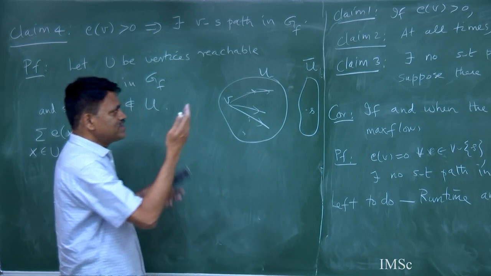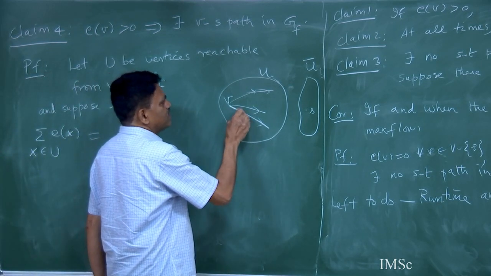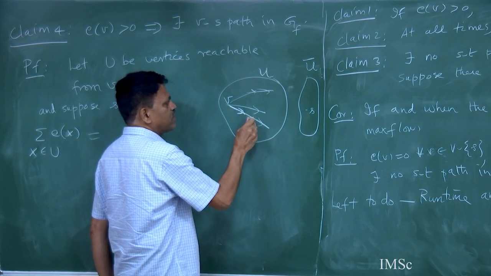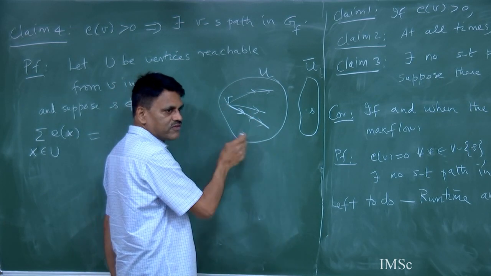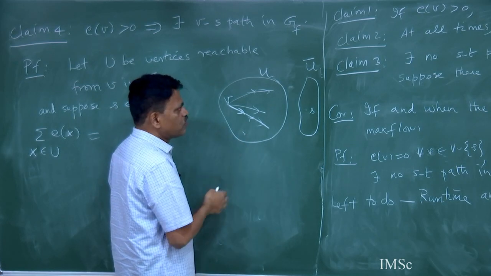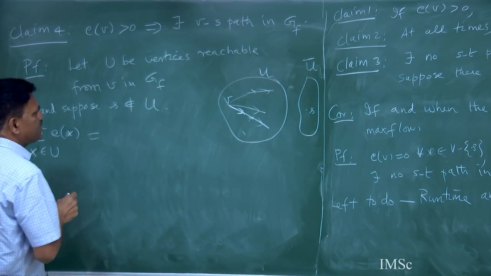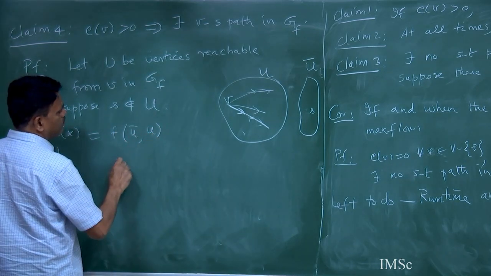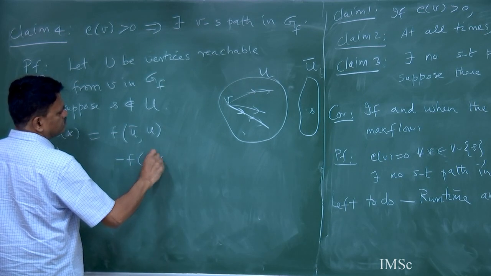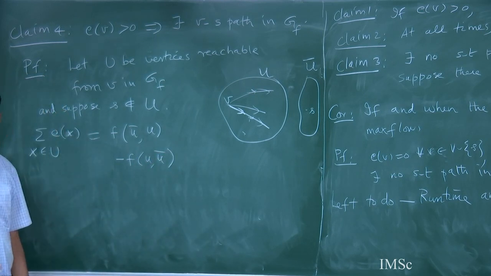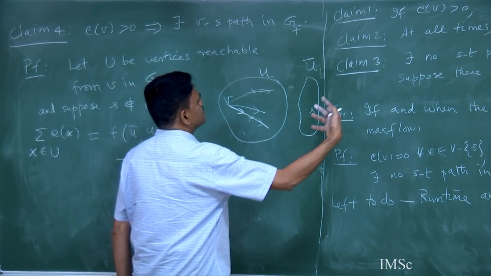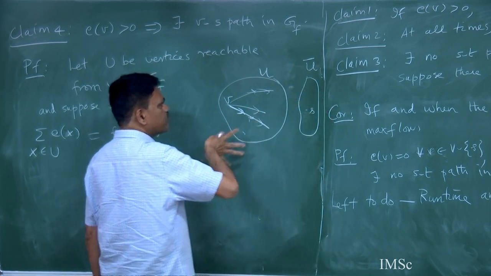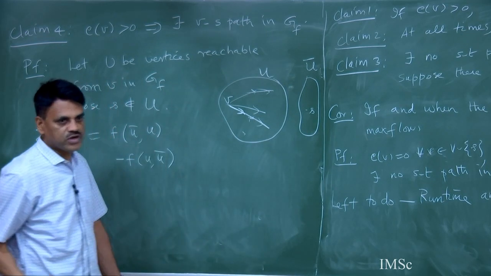If you have an edge inside, that flow would be counted in the out of one vertex and in the in of the other, so they will cancel out. So what it would be is the flow from U bar to U minus the flow from U to U bar. You can verify this: look at all the edges coming in from U bar, and the flow in them, minus the flow going from U to U bar, because anything inside will cancel out.